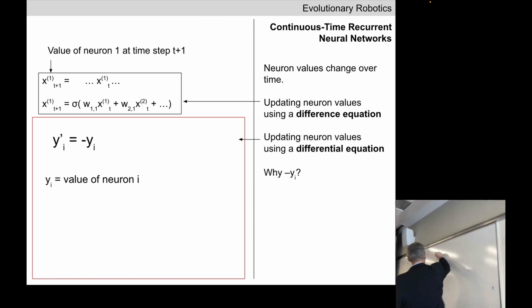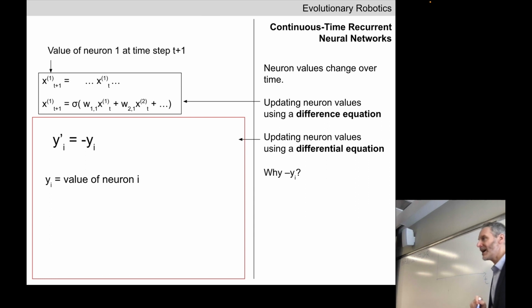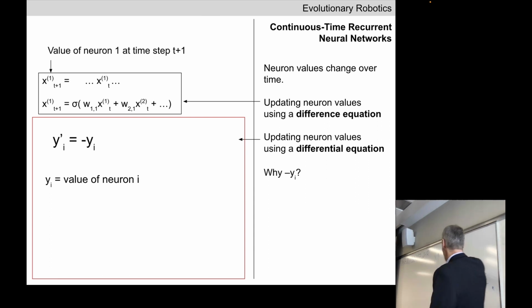So in a CTRNN, we start by describing the rate of change over time of the ith neuron. We're going to describe how this neuron changes over time. The differential equations, remember, only tell us how it changes over time. It doesn't give us the absolute value of y sub i itself.